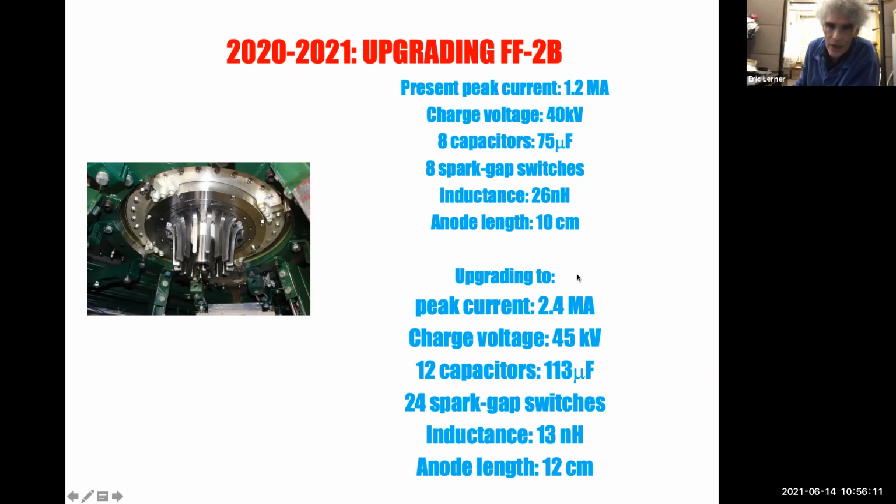The main source of the induction is the spark gap switches. So our ultimate goal is to move from 1.2 megamps all the way up to 2.4 megamps with 24 spark gap switches. Now we're not there yet. We're taking an intermediate step of going with 8 capacitors and 16 spark gap switches, which is already a great deal of work.